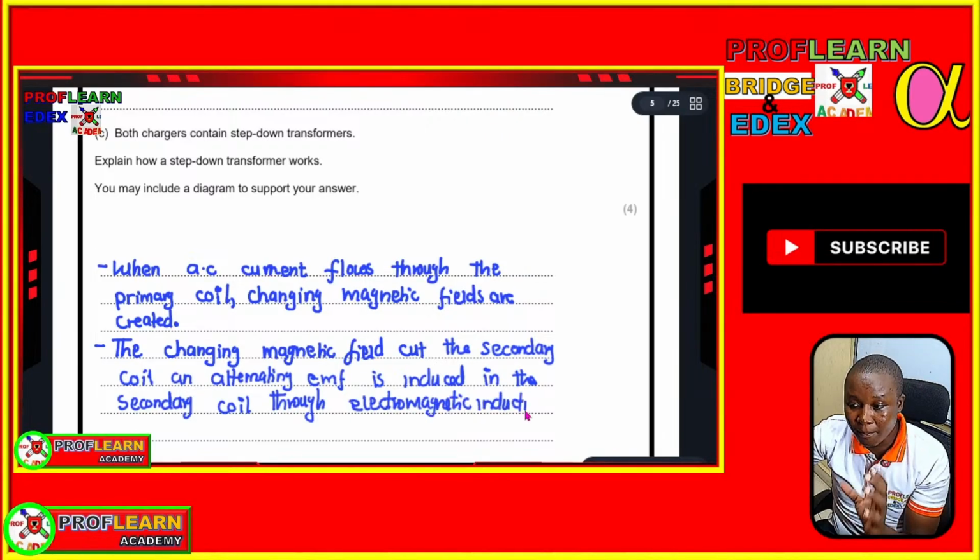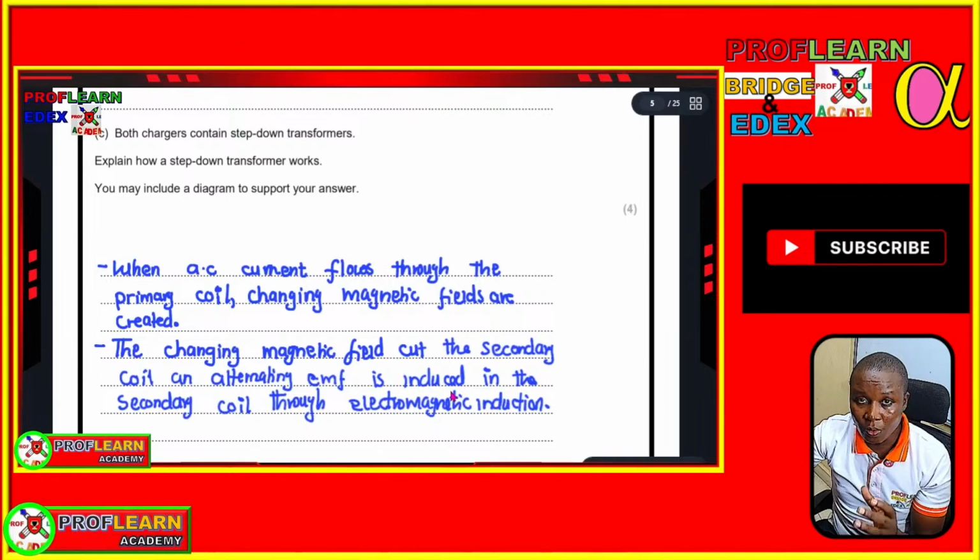And now the most important aspect that you have to remember is transformers work with alternating current. They cannot work with steady direct current, because direct current doesn't create magnetic fields which are constantly changing size and direction.